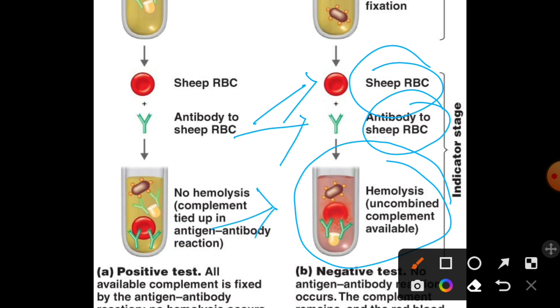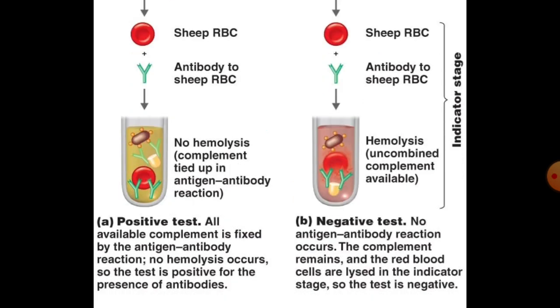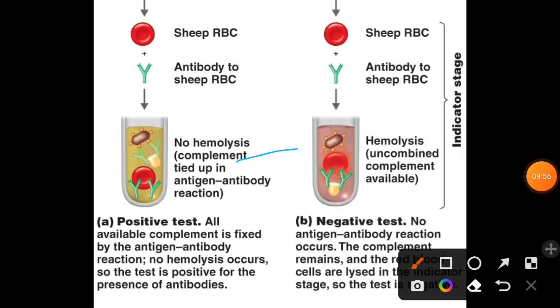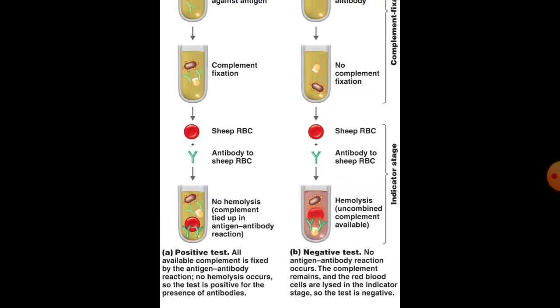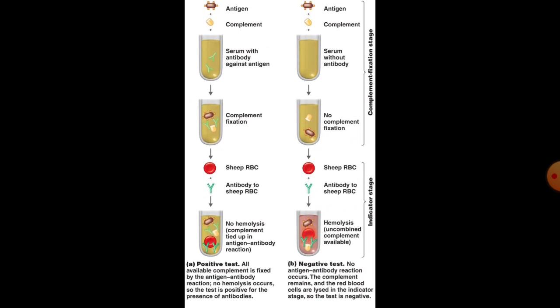So as the solution changes its color, it is obvious that it is a negative test. That means the patient's serum does not contain any kind of antibody against that particular antigen. Okay, understood? That is the entire concept of complement fixation.